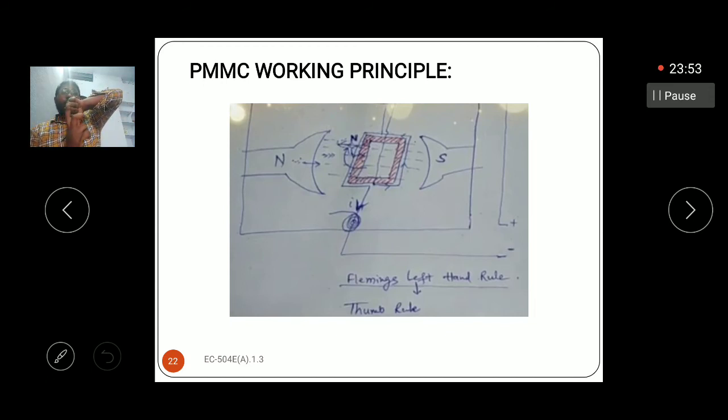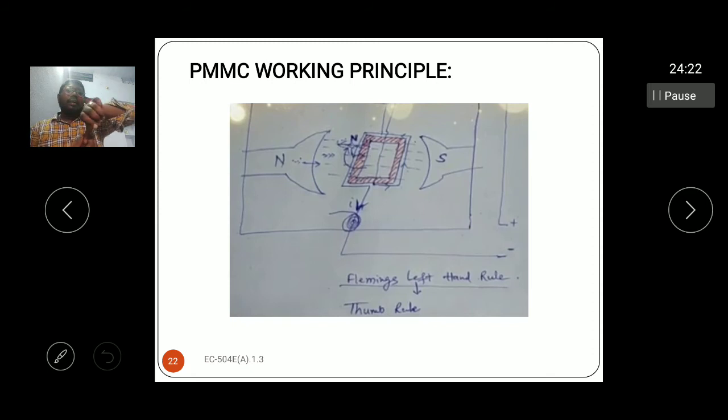The coil is moving like that, and the motion is perpendicular to the movement of the coil. The closed fingers represent the rotation of the movement of the coil. The thumb represents the motion of the current. That means in this way the coil is moving in the clockwise direction.